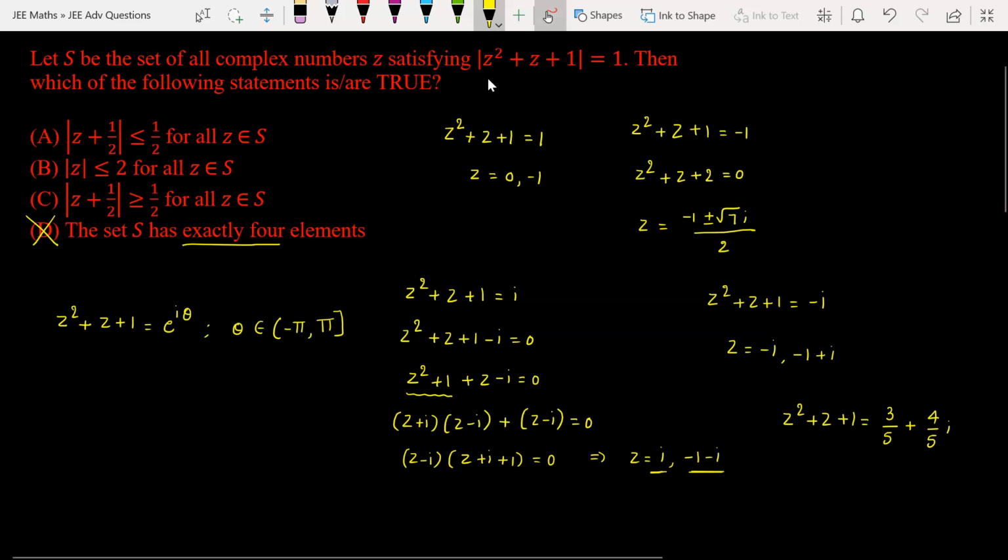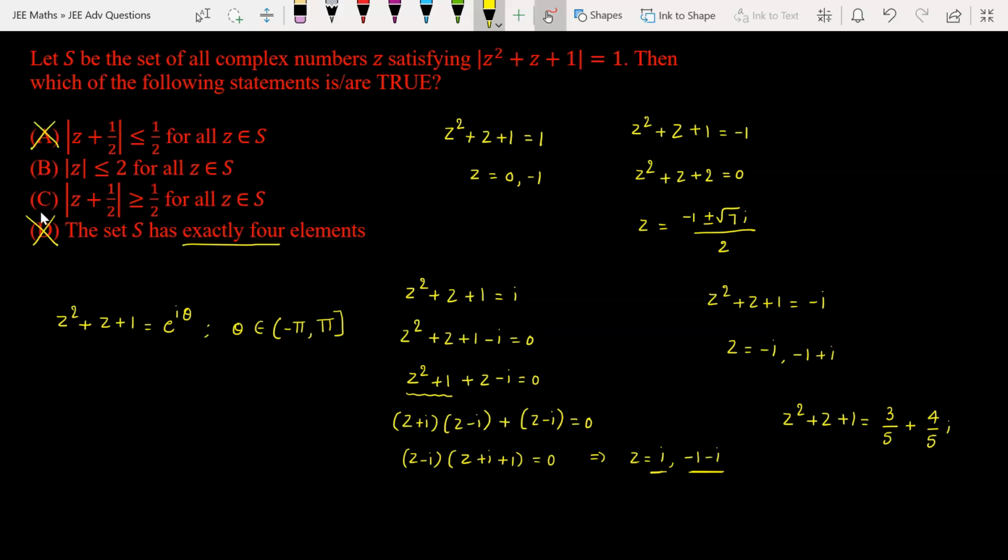So that means iota satisfies the condition of S, whereas it doesn't satisfy option A, right? That means option A is incorrect, because it says for all z belonging to S, but iota is one of the possible solutions. Iota will be present in S, but for iota it will not be less than or equal to half. So from this we can say option A is also incorrect.